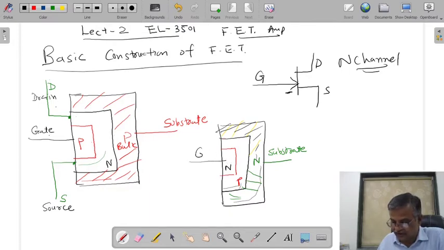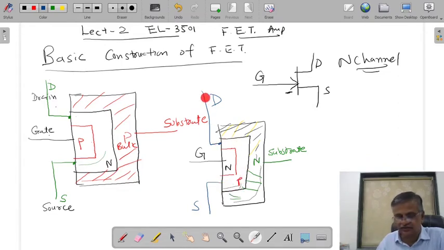This is called gate. One end of this is known as a drain, for this is your channel. Another end is known as a source. This is your channel. Which material do you use? P-type. So it is called a P-type field effect transistor.